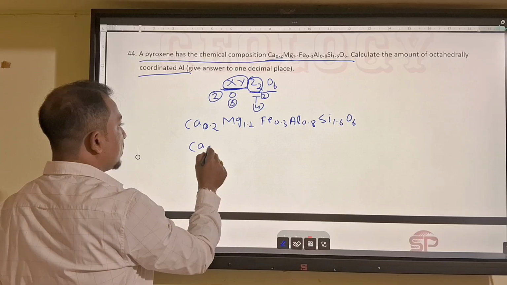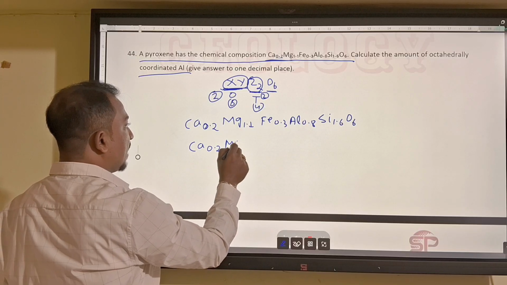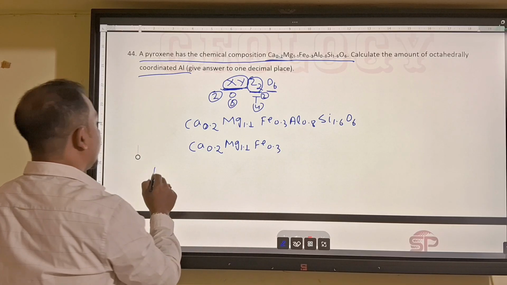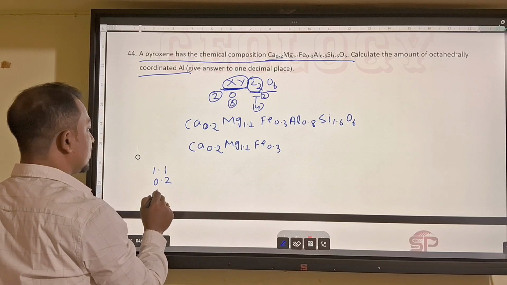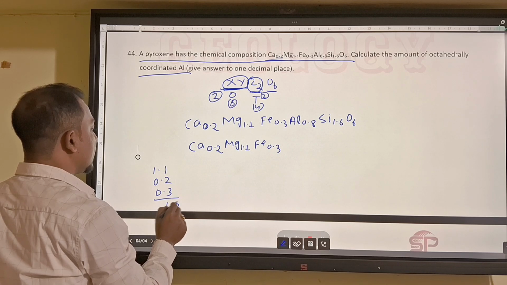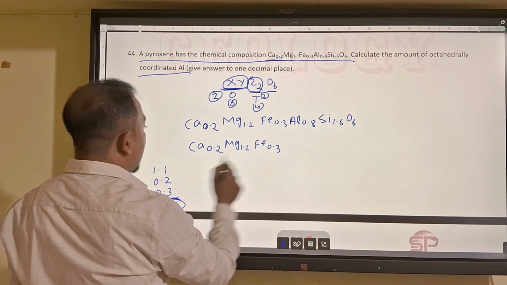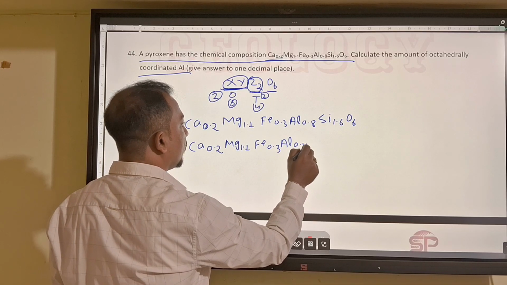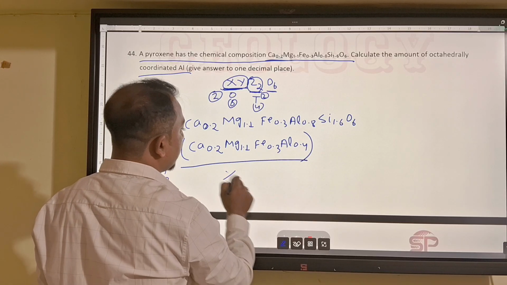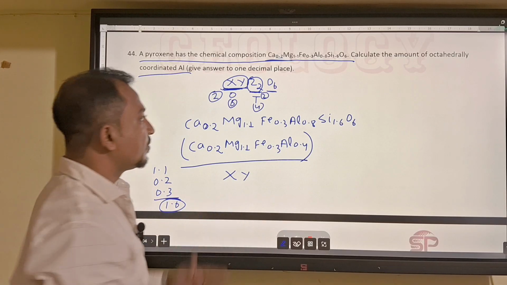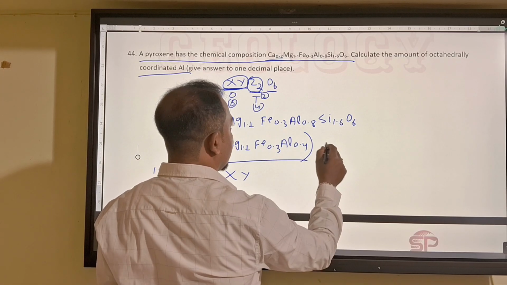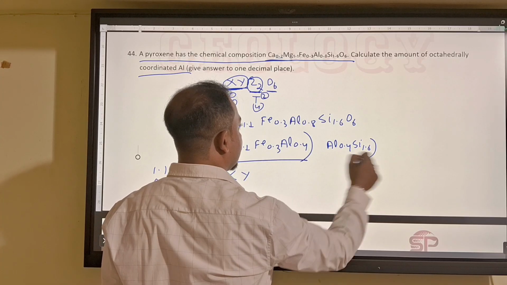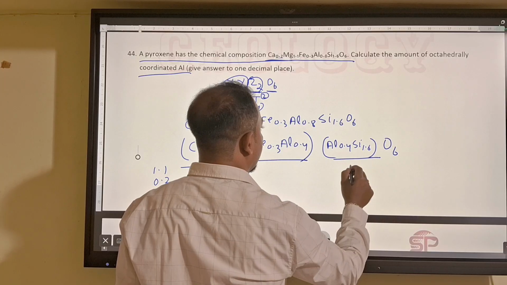Now rewrite the formula: Ca 0.2, Mg 1.1, Fe 0.3. So 1.1 plus 0.2 plus 0.3 is 1.6. They require 0.4 more, so it will be aluminum 0.4. Now this XY place is completely filled. Then we have the Z place, so you can write aluminum 0.4, Si 1.6, then O6. This also adds up to 4.